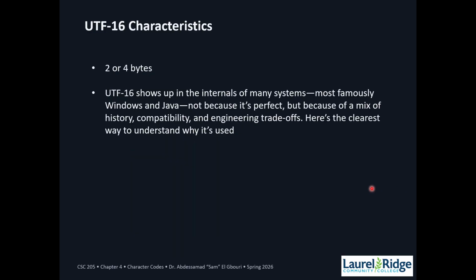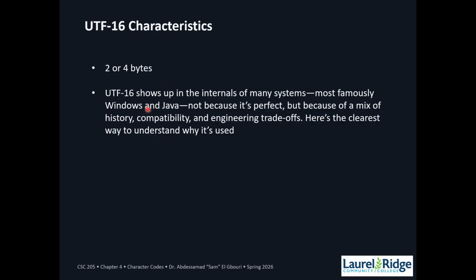Now UTF-16 uses 2 to 4 bytes. UTF-16 shows up in the internals of many systems. And remember, in UTF-8 it's 1 byte for ASCII and up to 4 bytes for the rest. A byte is 8 bits, so 2 bytes will be 16 bits and 4 bytes will be 32.